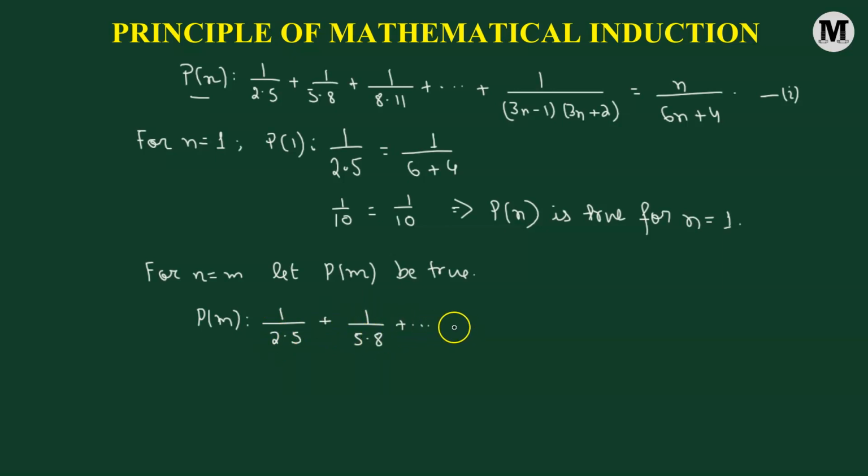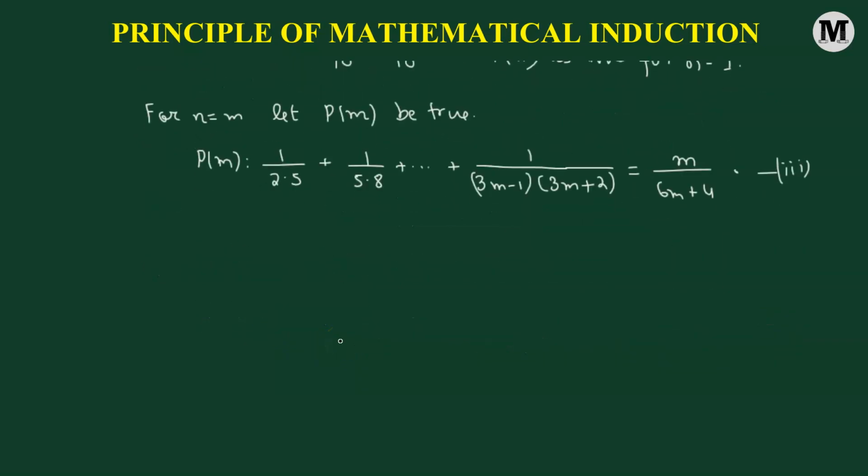This is going to continue all the way up to 1 over, in place of 3n minus 1 we get 3m minus 1, replacing n with m, multiplied by 3 times m plus 2, and the sum of these terms equals m over 6 times m plus 4. Let's call this number 3. So we're saying that statement number 3, or the statement P of m, is true. We're making an assumption here.